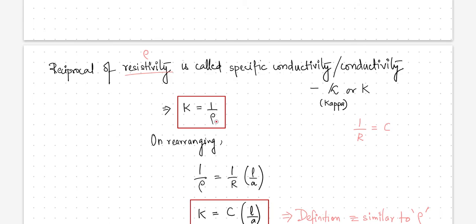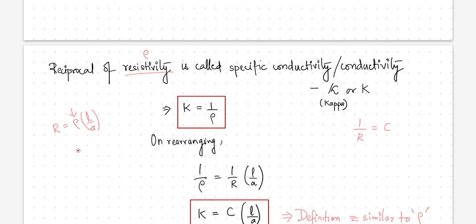Coming back, we just learned the relationship R is equal to rho L by A, and using this expression we defined the resistivity.